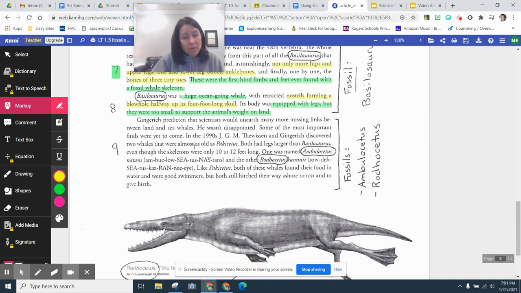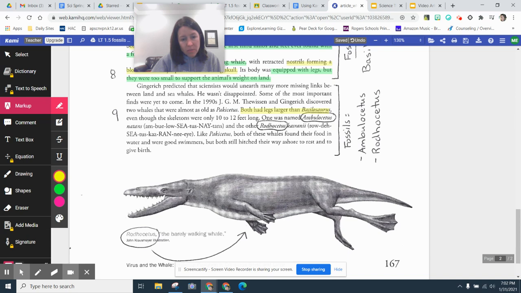It says the two whales were almost as old as Pakicetus, but let's find a little more details about them. Both had larger legs than Basilosaurus. That's important. So the legs, and we can see this in the picture right here of Rhodocetus, it had 4 limbs. Definitely those hind limbs are described as being larger than Basilosaurus.